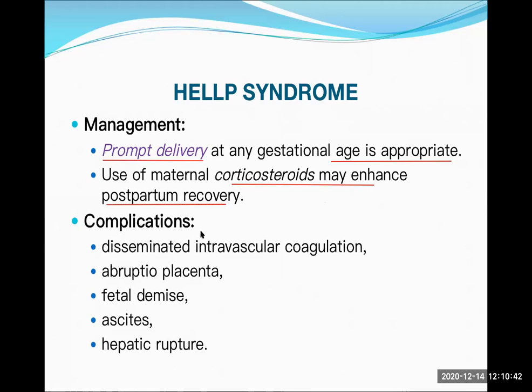Regarding the complications of HELLP syndrome, DIC is one of the complications. Abruptio placentae, fetal demise or death of the fetus, ascites, and rupture of the liver. All these are associated complications of HELLP syndrome because of pregnancy-induced hypertension.